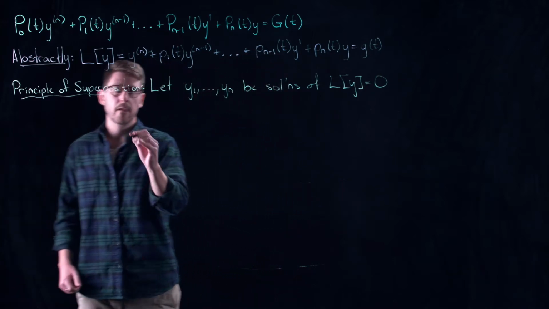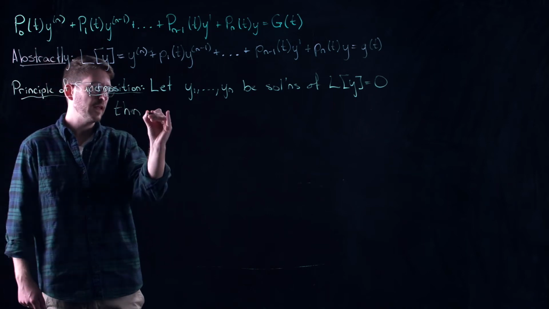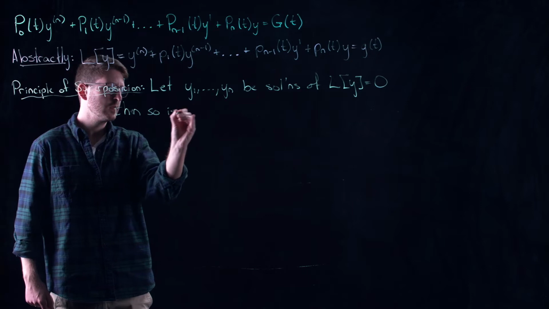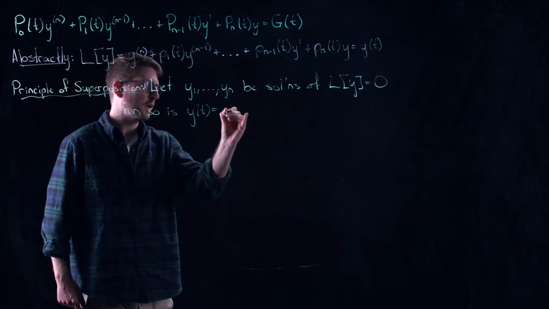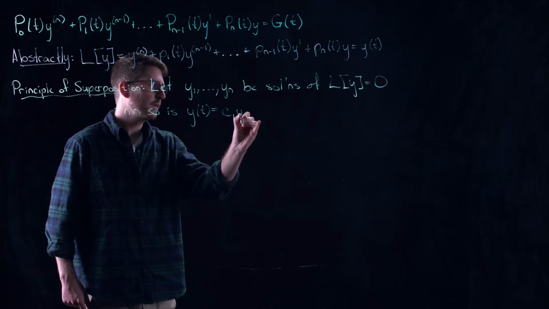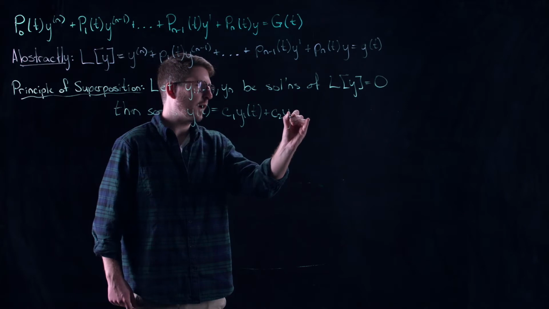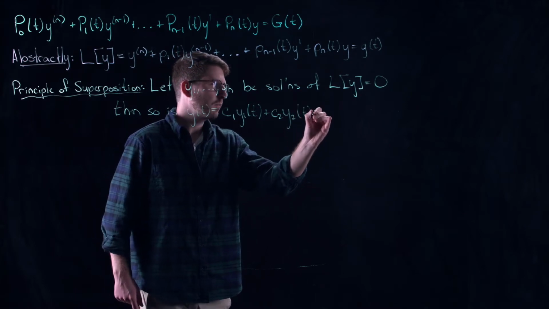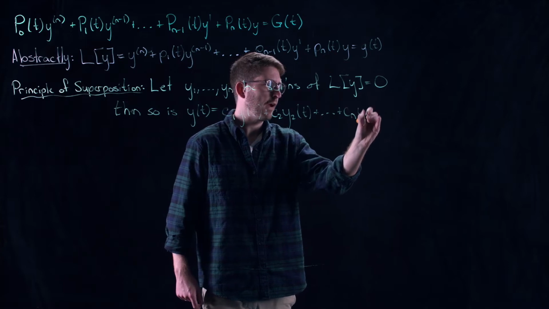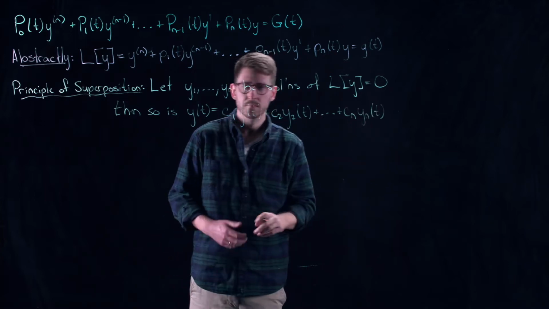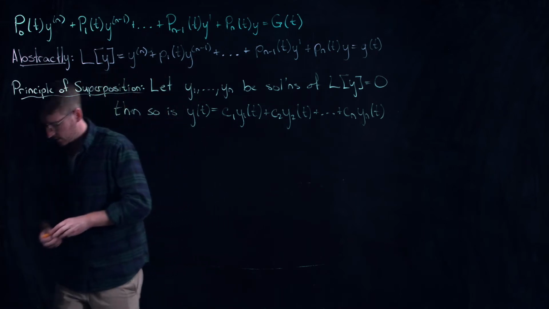And then, well then, so is y of t equal to, say, c1 times y1 plus c2 times y2 plus a multiple of every single other one of them. All right, so I can add up solutions and I still get a solution to this thing.